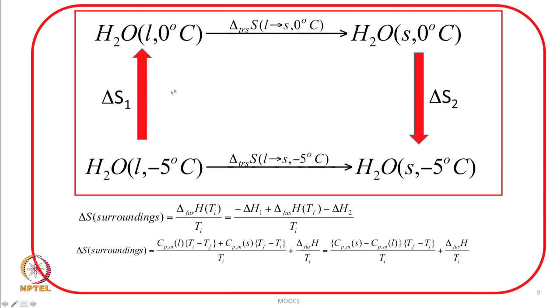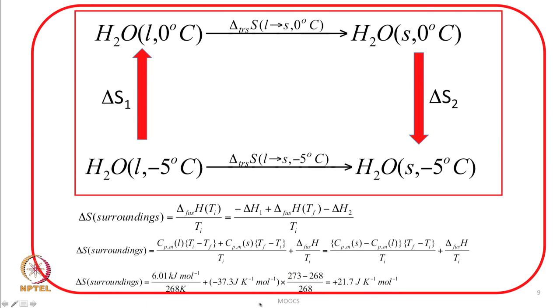You can actually figure out from this Cp of liquid into, because we are talking about the reverse process, Ti has to be first and Tf has to be later, plus Cpm of solid into Tf minus Ti, and then the remaining term is delta H fusion by Ti. Rearrange this, substitute the numbers and get the answer.